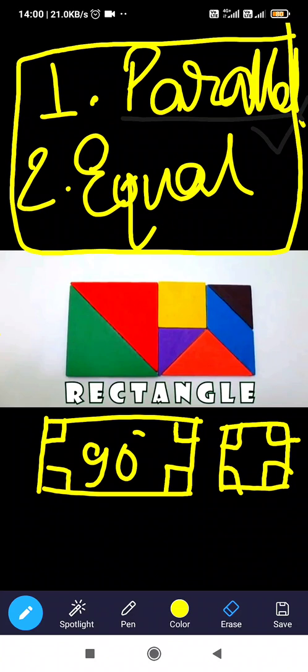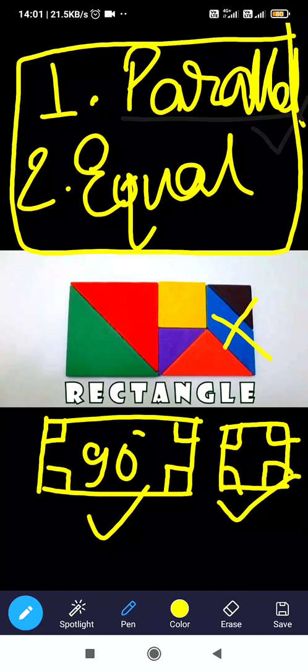Okay, so I will repeat it again, that a rectangle and a square, both the figures are a parallelogram, but a parallelogram cannot be a rectangle or a square, but a rectangle and a square is a parallelogram. It is always a parallelogram. Why? Because in a rectangle and in a square the opposite sides are parallel to each other.